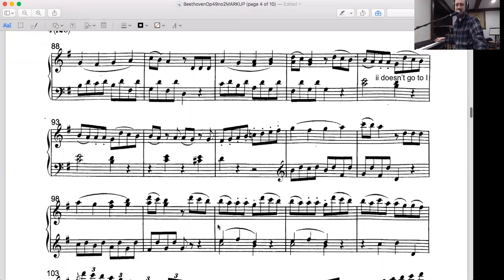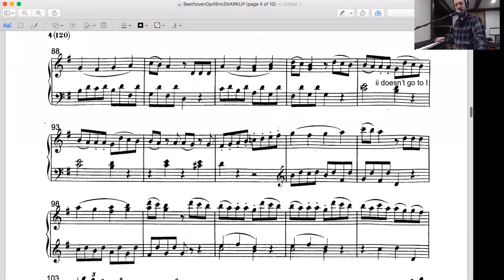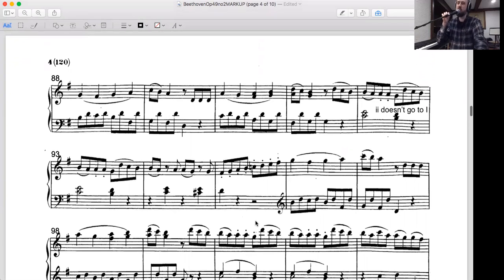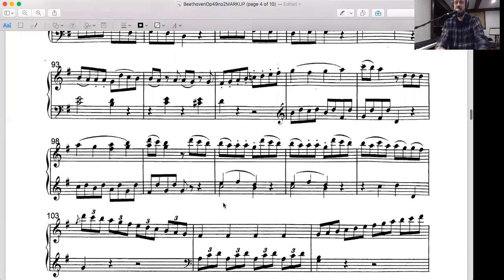He adds, we get both of them in the screen here. He adds an F sharp to the left hand, which is the leading tone of G. So he actually makes this 2 to 1 progression turn into a 7 to 1 progression. And as we know, 7 very much wants to go to 1. It's just one of those little subtle things.